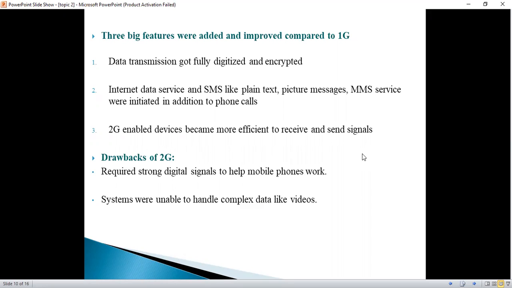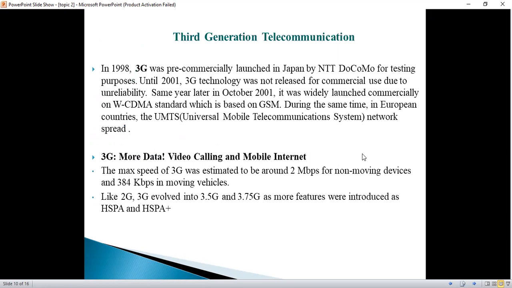Since it was handling complex video, they need more bandwidth and all. So there's a need for more frequency, since it is giving so much more than the 1G. So it can be a drawback, and it can also be an advantage.